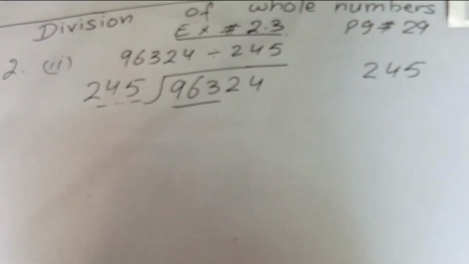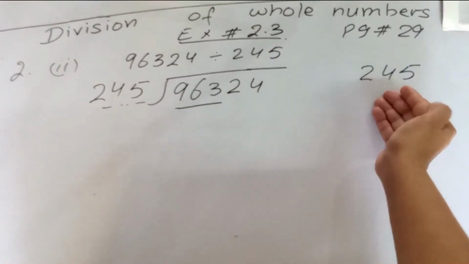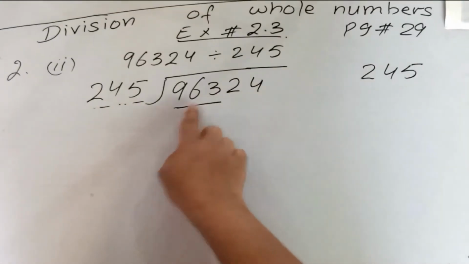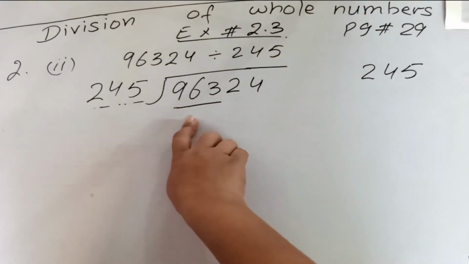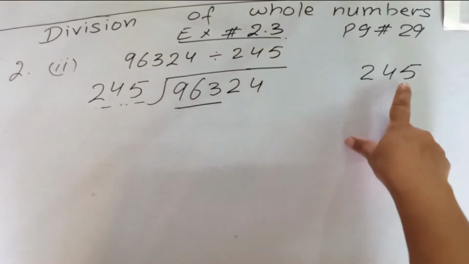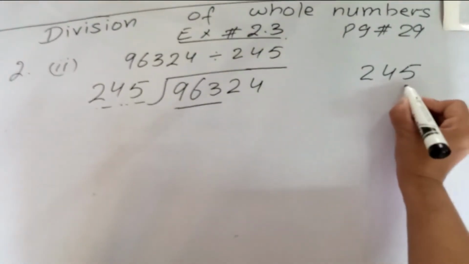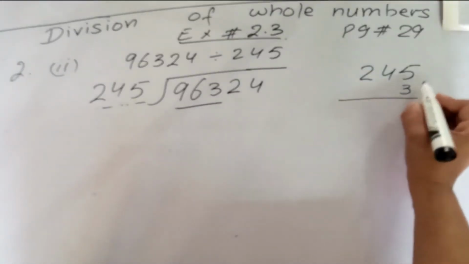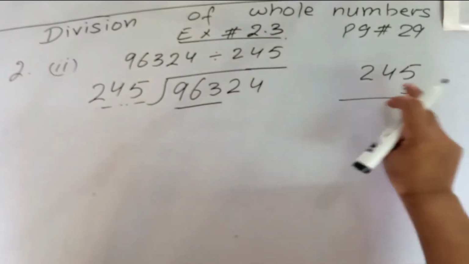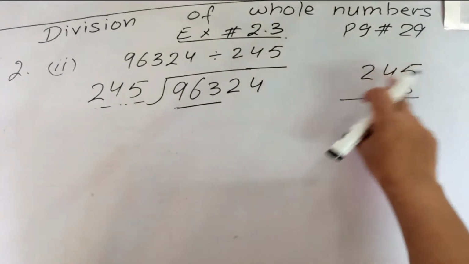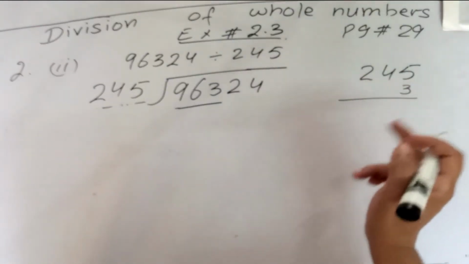As I know, if I multiply it by 2, then the value would be very small. If I multiply it by 3 or 4, I will check, because if I multiply by 2, then 2 times 2 is 4 and I will get a 400-something value.